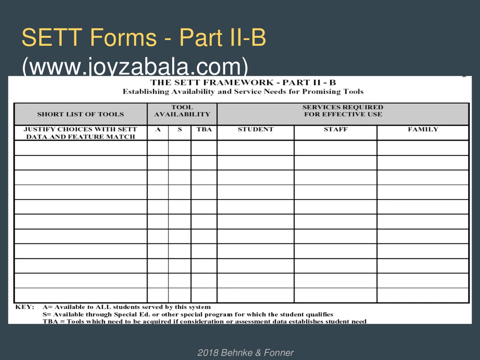Is it available to all students, or is it just available through special education? And then, what are some of the tools that need to be acquired if consideration or assessment data establishes the student need? So what are some of those other tool availability pieces? And this is where you blend that whole AT, EdTech, IT type of process.